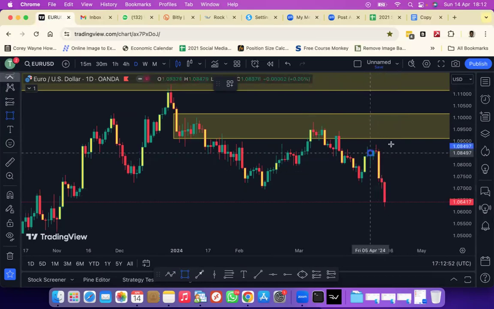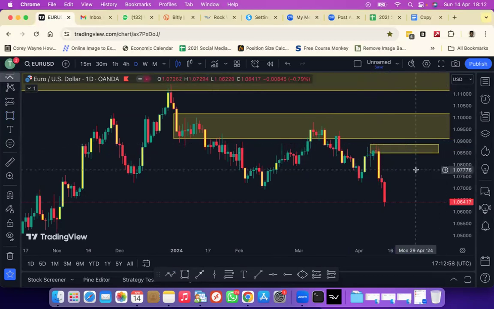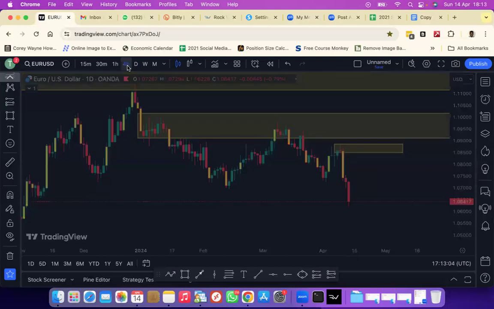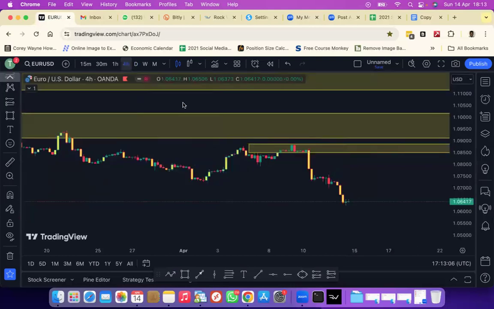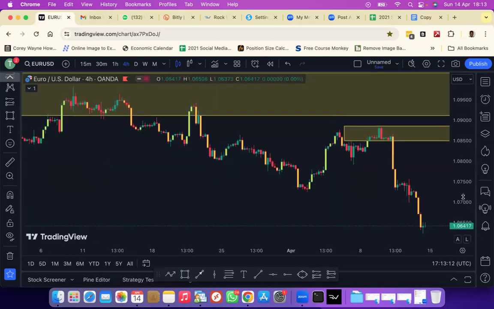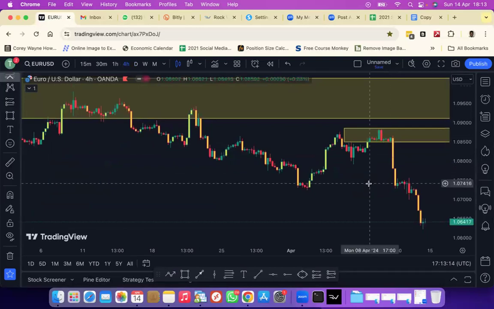So this is the supply zone that we'll possibly be expecting price to get to. This is the daily time frame. Now let's take a look at what's going on the 4-hour time frame. Evidently on Euro USD, price is bearish.